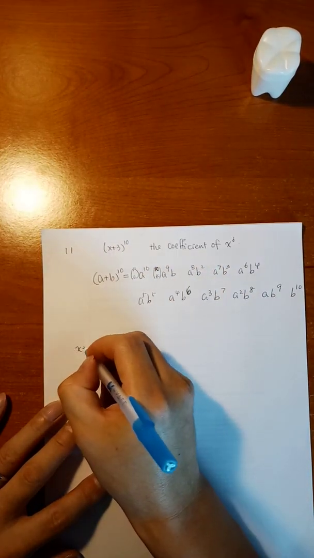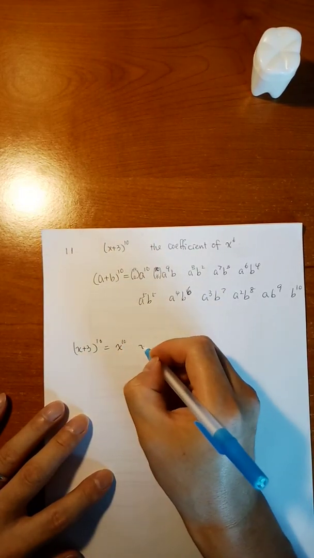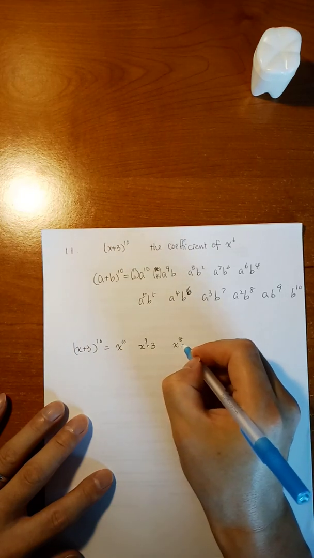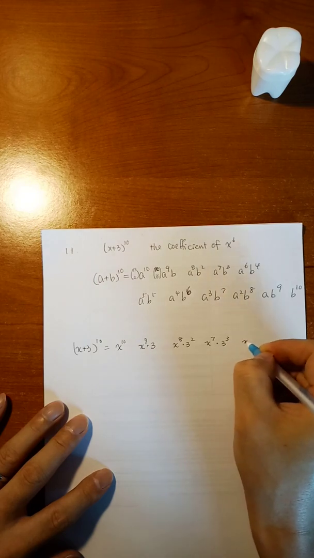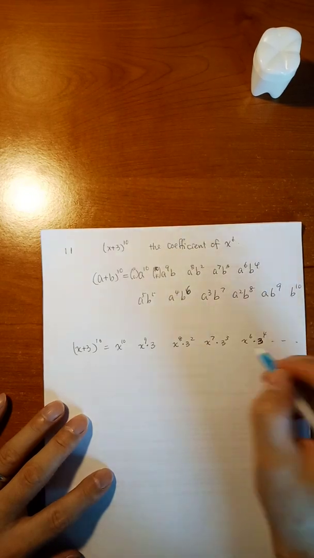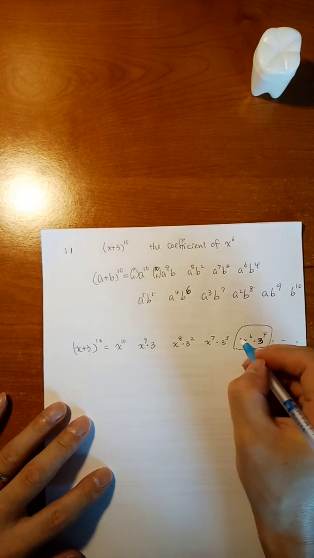The x plus 3 to the 10th power, you will have x to 10, x to 9 times 3, x to 8 times 3 squared, x to 7 times 3 cubed, x to 6 times 3 to the 4th power. You don't write the other terms, because we need x to 6 times 3 to the 4th power.